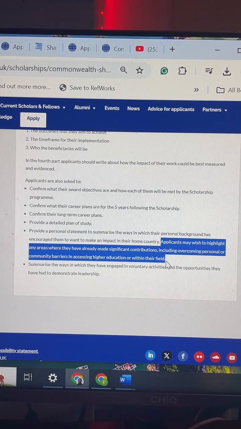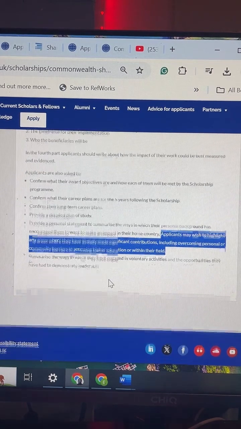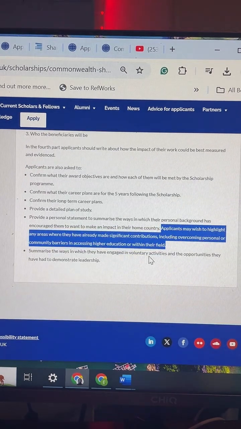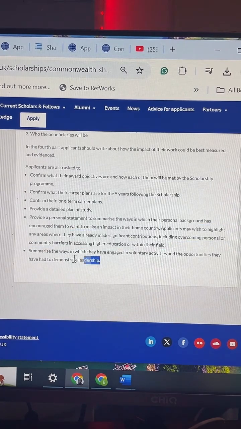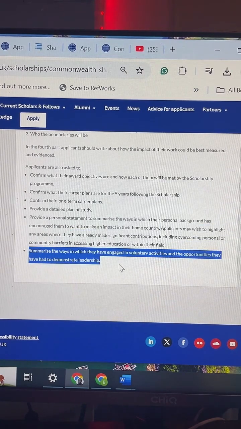So those are the things that you can highlight for them to know that although going through the difficult times, you've gained the knowledge, you've gained the skills in your undergraduate studies, and now you've come back to the community to give back. They want to know that you are a person who is willing to give back to the community. And then summarize the ways in which they have engaged in voluntary activities and the opportunities they have had to demonstrate leadership.